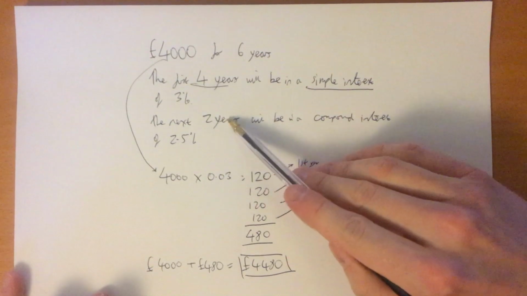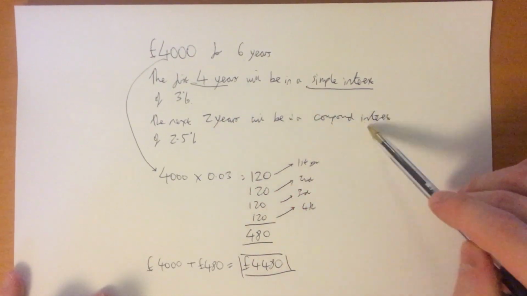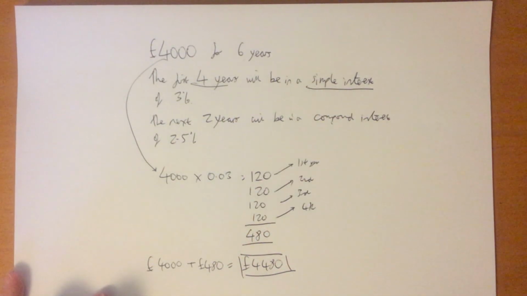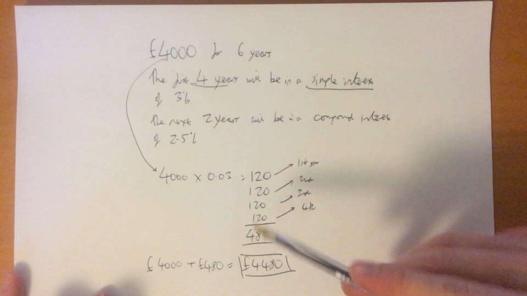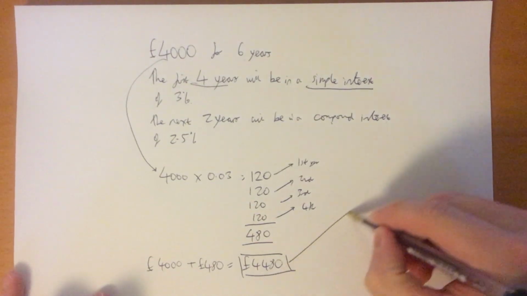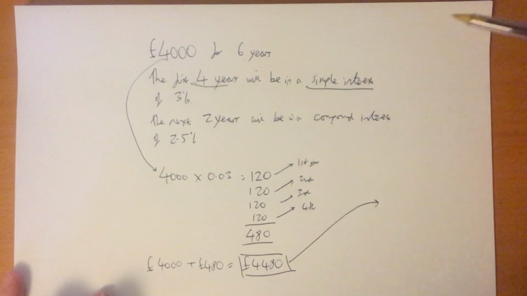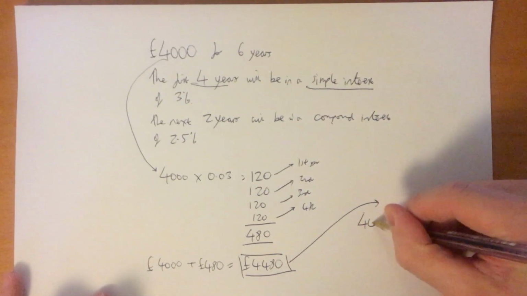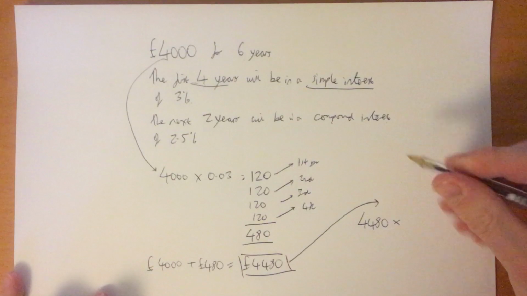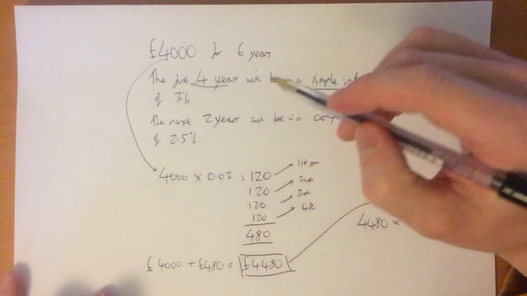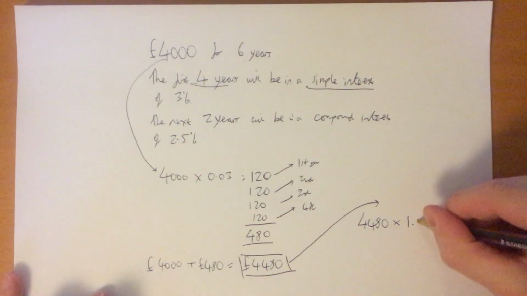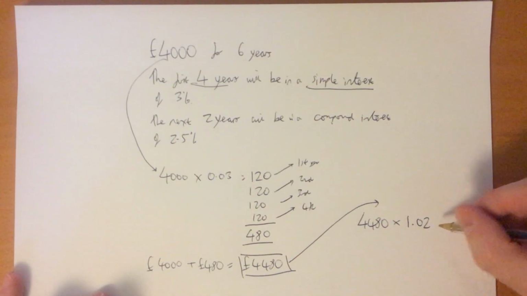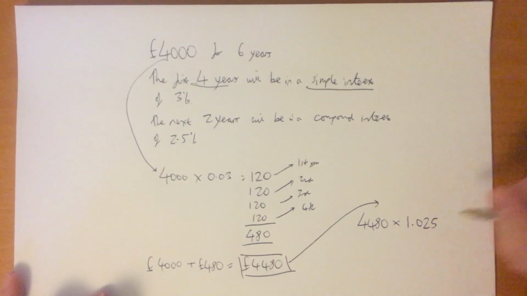But then it says the next 2 years after that will be a compound interest of 2.5%. So we don't start with the 4,000 again. We need to go with our new amount, which is 4,480. And that's going to be compound interest for 2 years. So I will go 4,480 times an increase of 2.5%. Now for that, imagine it said 2%, it would be 1.02. So it's 2.5%, so it's 1.025.